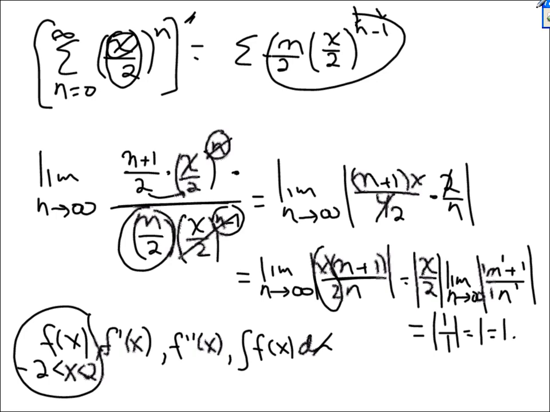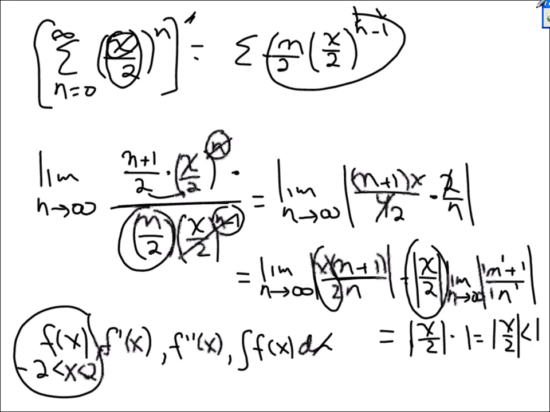Oops. Times x over 2 in front. Don't forget the x over 2 in front. This limit is 1. So we just get x over 2.